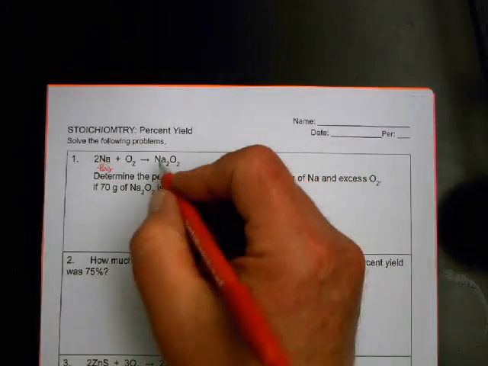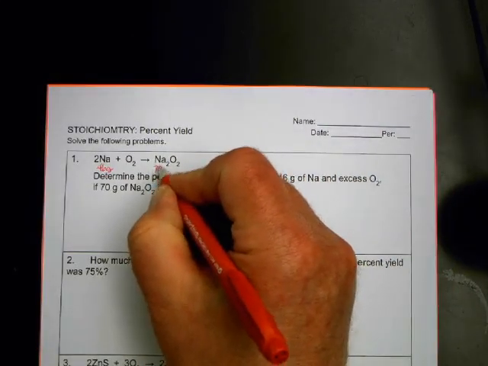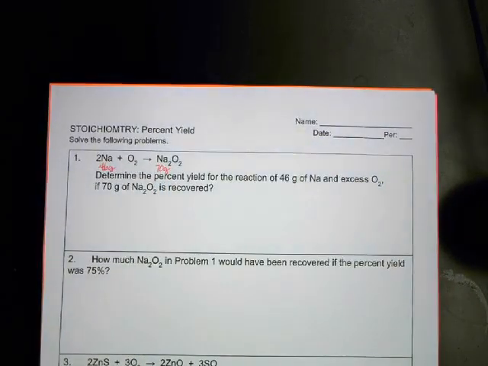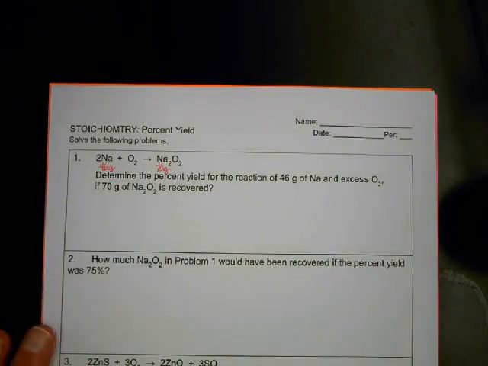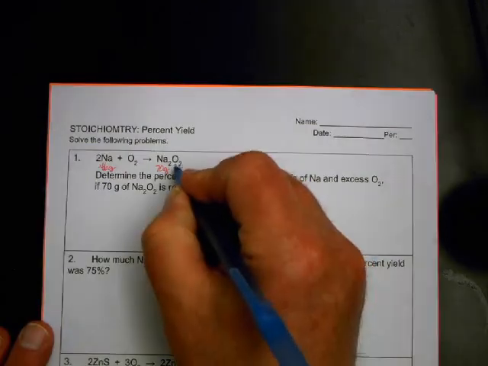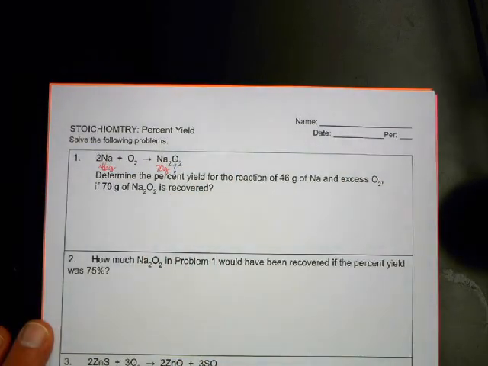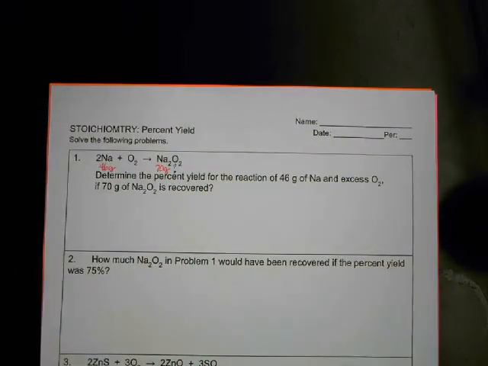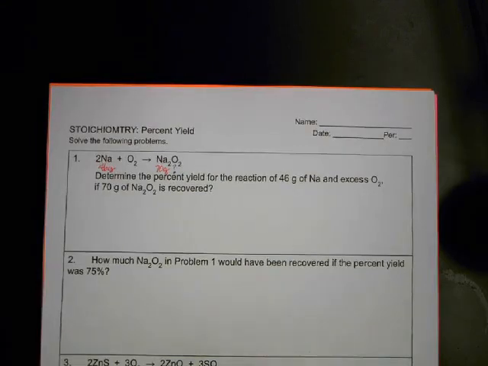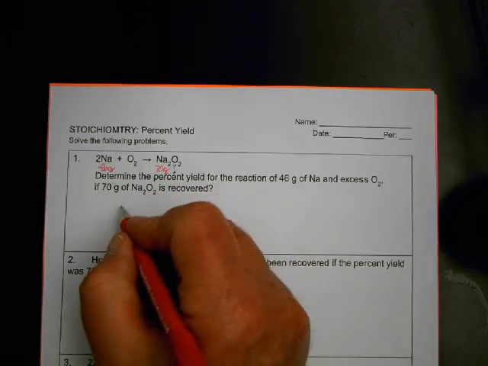And it says we produced 70 grams there. Okay, but really, when you get right down to it, this part is a question mark. So, grams to grams, that's a three-step stoichiometry problem.